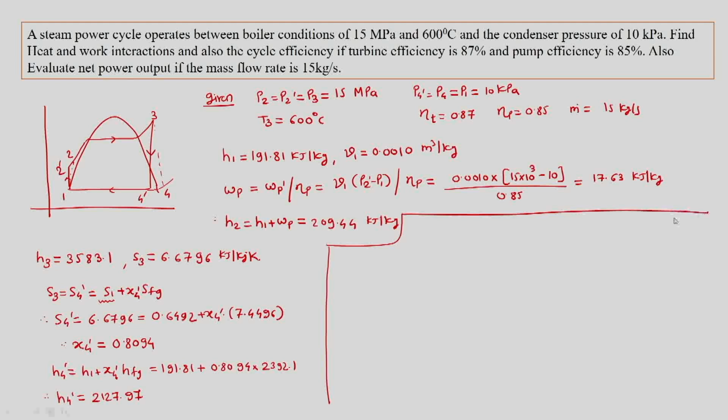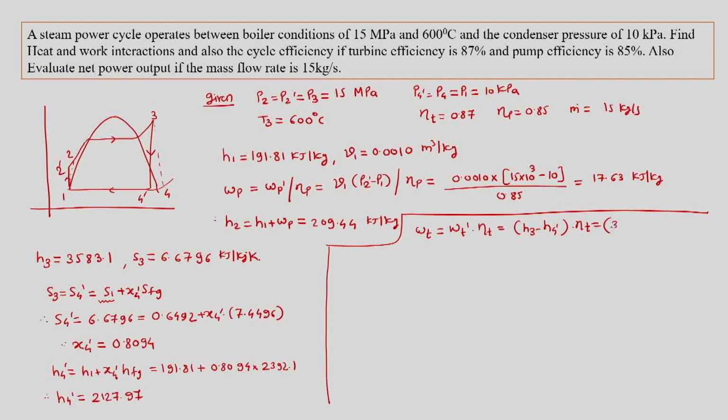Having said this, we can find out basically here the turbine work in real is equal to turbine work ideal into turbine efficiency. So it is H3 minus H4 dash into turbine efficiency. So H3 is known to us.